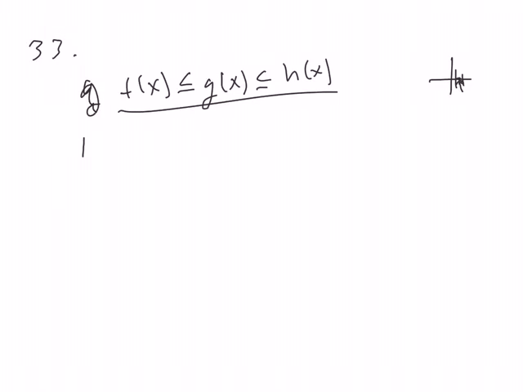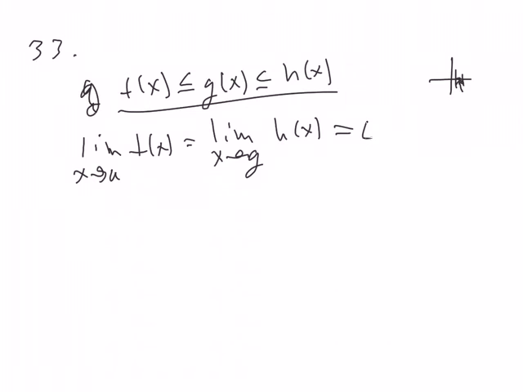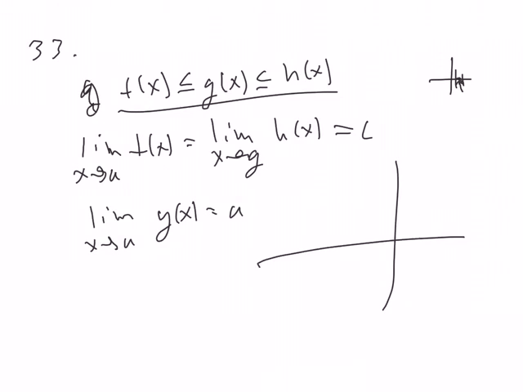And we know that the limit as x approaches a of f of x is equal to the limit as x approaches a of h of x, which is equal to L. Then we know that the limit as x approaches a of g of x is also equal to L. Meaning, you have a function g of x, and we don't really know what the limit is.